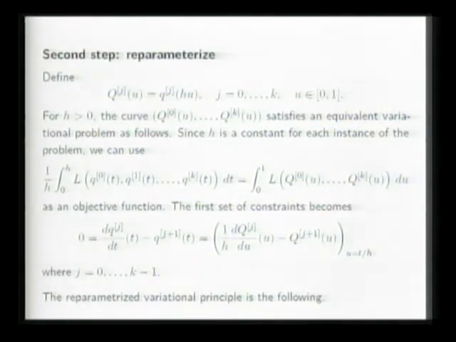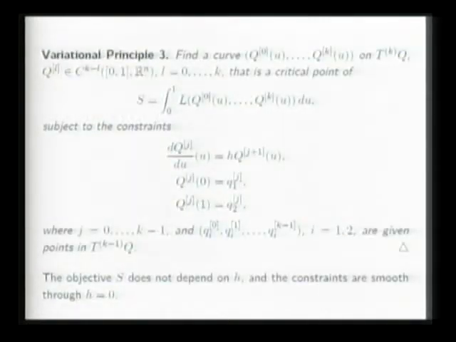You change your objective function. You have to divide by h, because your parameterization forces you to do that, but this is a constant, so you get this new objective function, which looks exactly like the old one, but with uppercase Q. From 0 to 1, your derivatives become this because of the reparametrization, and you get this third equivalent variational principle, which is finding a curve on TQ.